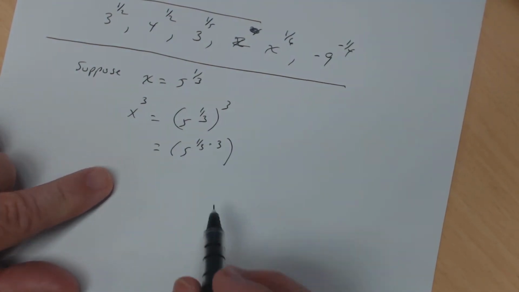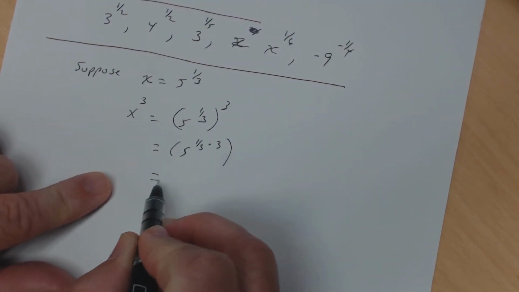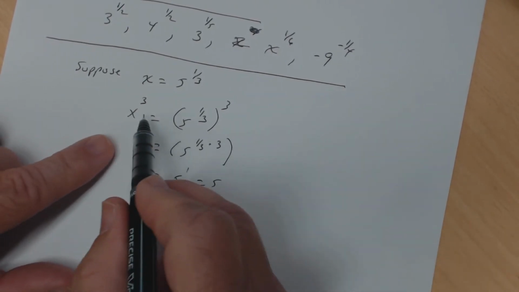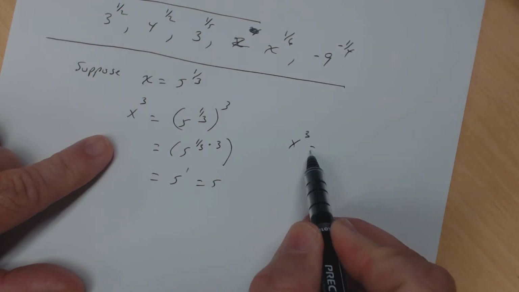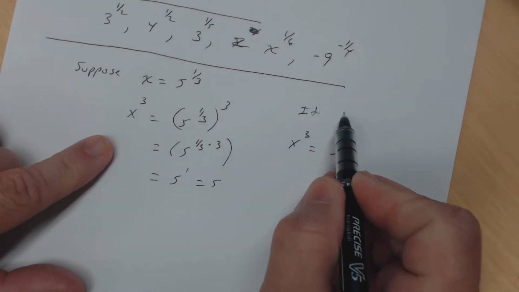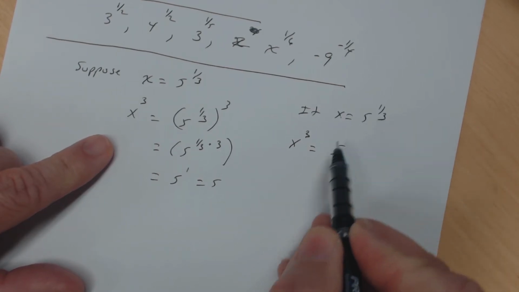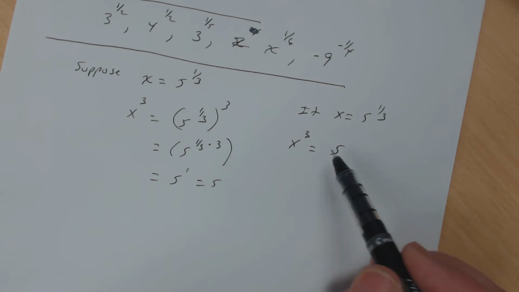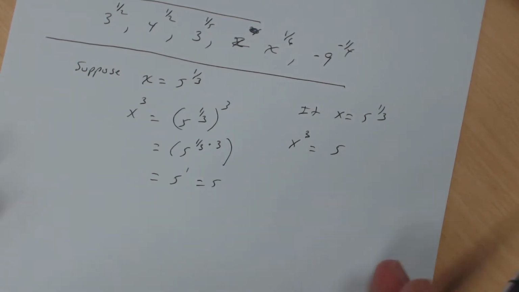So 1/3 times 3 is going to be 1. So it'd be 5 to the first, which is 5. So we have x cubed equals 5. If x equals 5 to the 1/3, then if I cube both sides, it turns out that x cubed has to equal 5, just based on this.